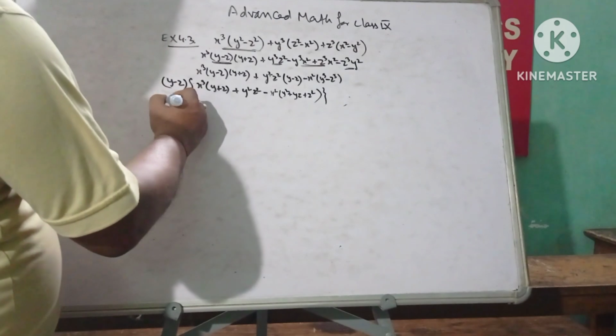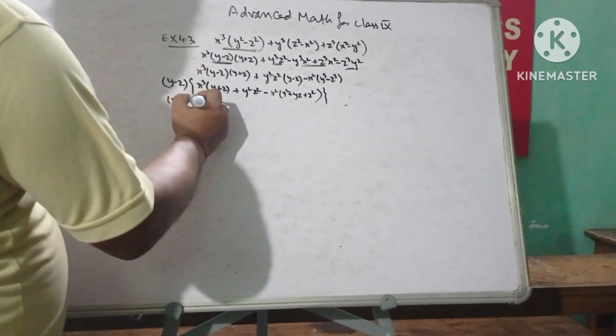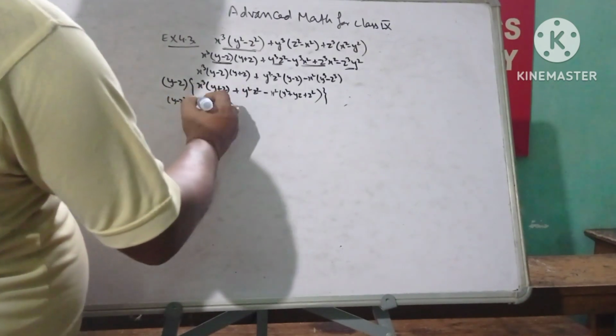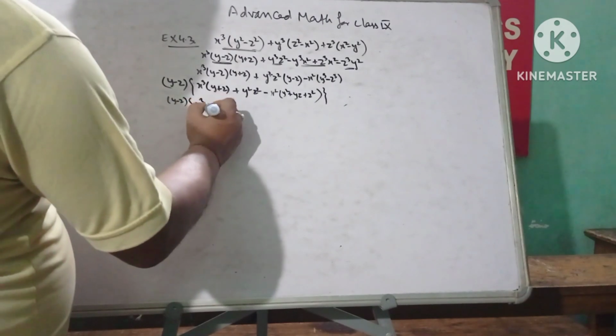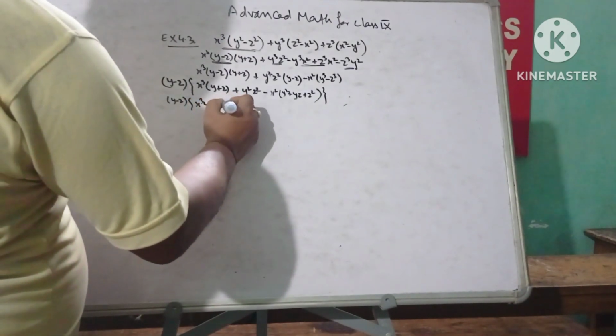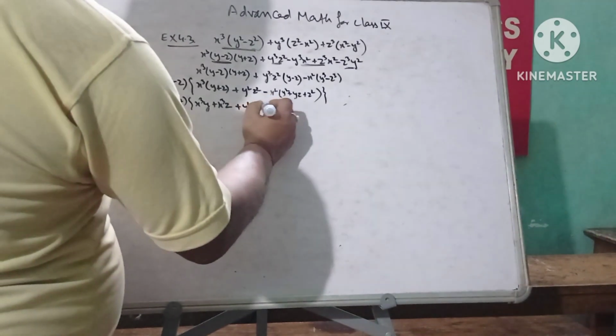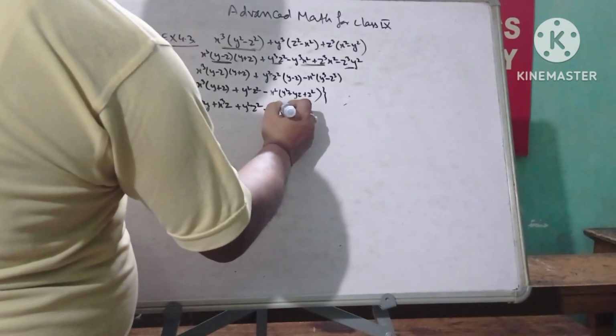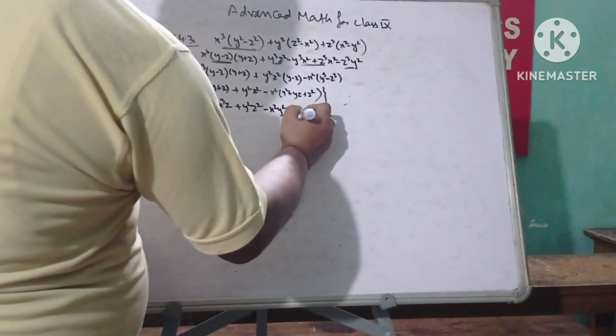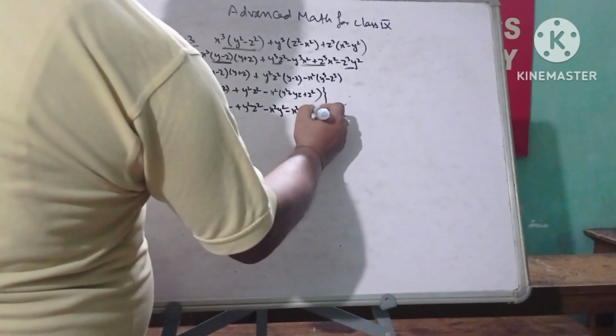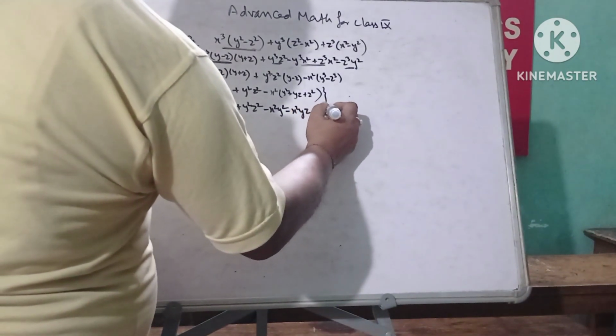Now again y minus z, I am going to open it: x cube y plus x cube z, here this is y square z square minus x square y square minus x square yz minus x square z square.